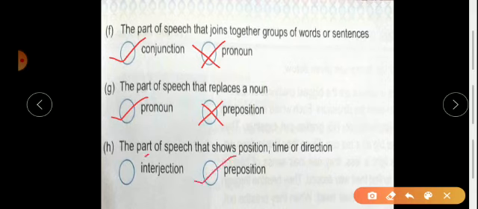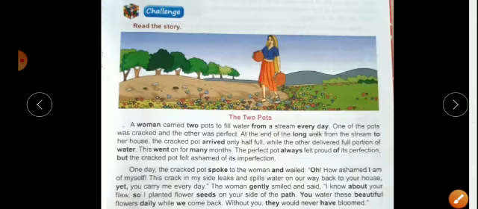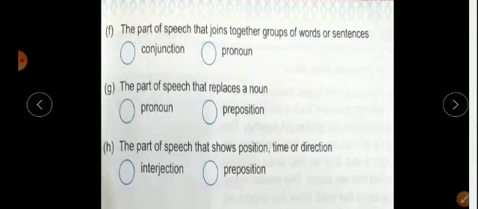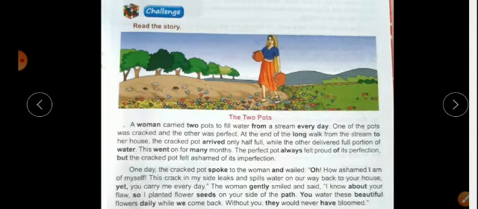So, this is preposition. So, you all have to write all these definitions and which one is correct. For that you all have to put a right mark.